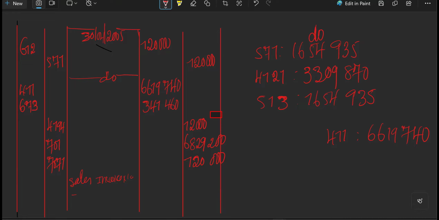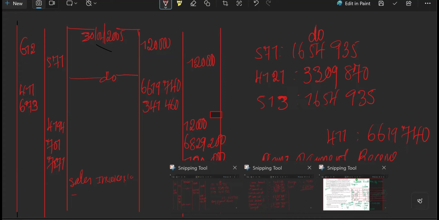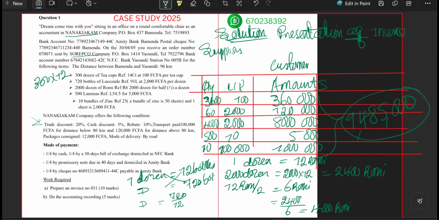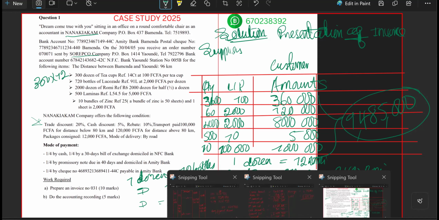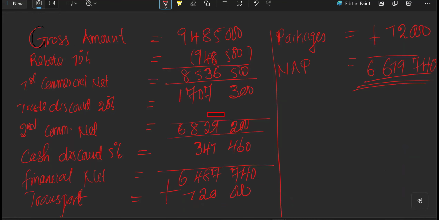So this is the payment. Being payment received from customer. So I've done a rough calculation: a quarter by cash, a quarter by promissory note, a quarter by a check, and we're going to have all this amount there.